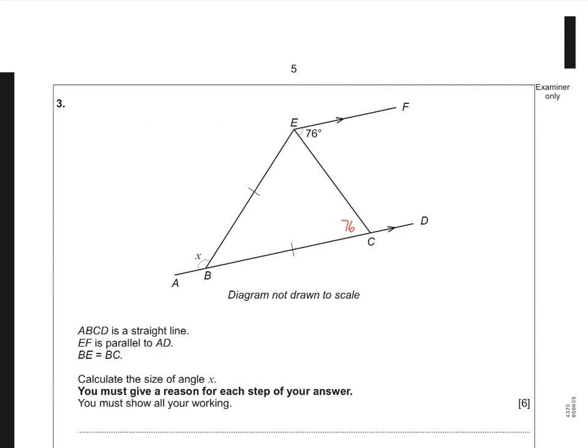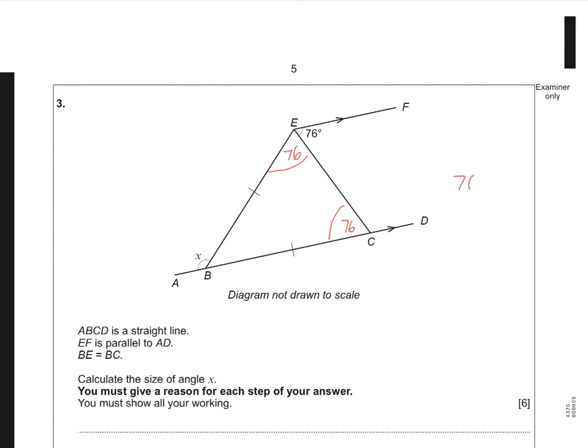The next thing I'm going to do is notice these dashes here. Now, we've talked about those in lessons before as like angry birds. So we said treat them like the eyebrows on the Angry Birds. What comes underneath eyebrows? Eyes. So we have an eyeball there and an eyeball there. That means this must also be 76 degrees. Okay? Next thing I'm noticing is I've got a triangle, and angles in a triangle add up to 180.